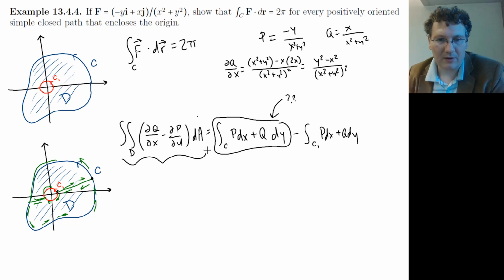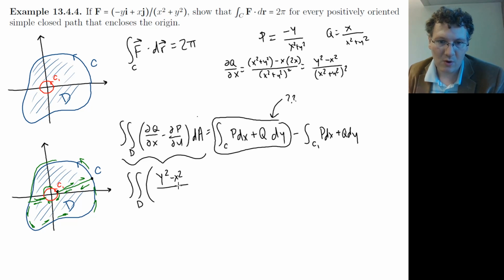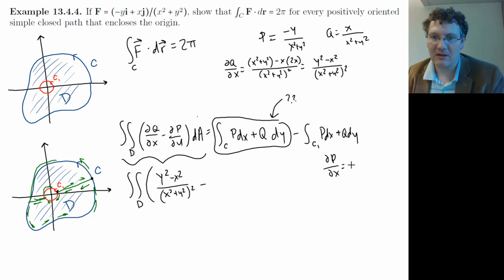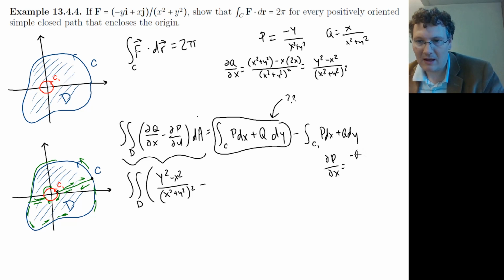And so this integral over region D, for partial q partial x, is y squared minus x squared over x squared plus y squared squared, minus, now what's partial p with respect to y? It's going to be negative x squared plus y squared minus y times 2y, the derivative of that is 2y.